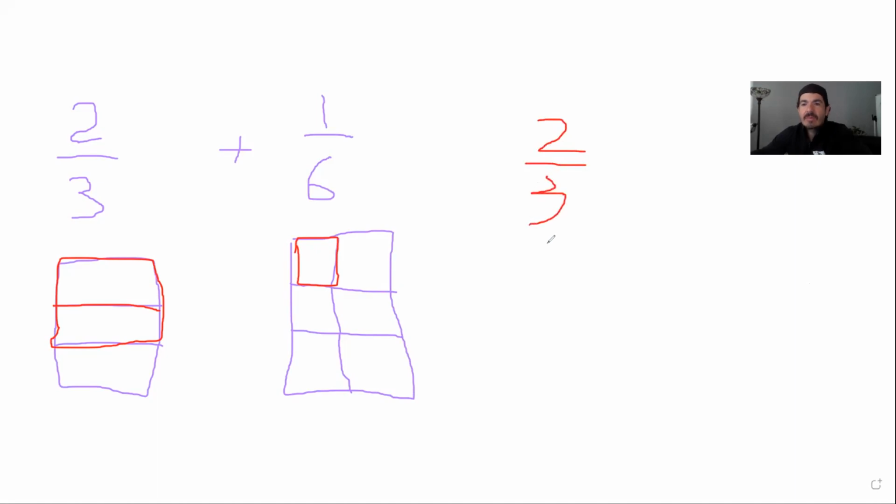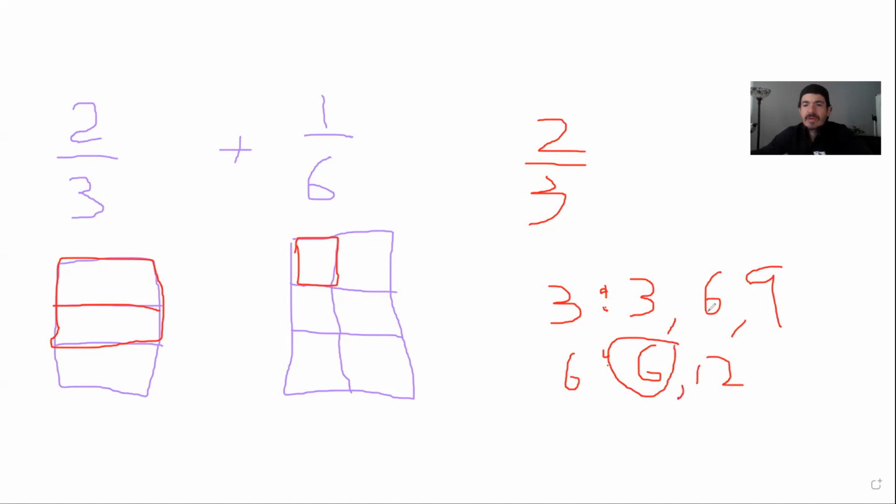That is our least common multiple, right? Our multiples for 3 are 3, 6, 9. Our multiples for 6 are 6, 12. So 6 is our least common multiple, or our least common denominator.